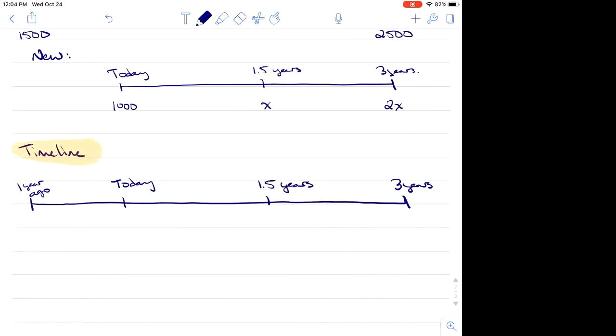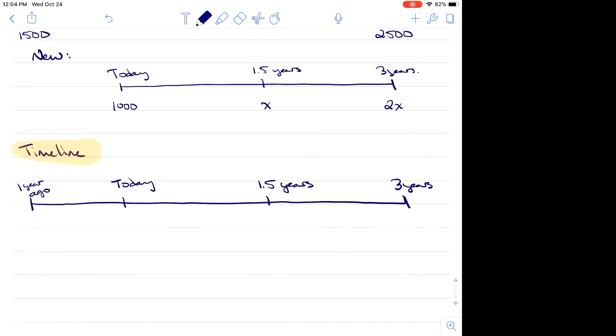So, okay. We need to know what X is, right? So it doesn't matter what we use as the focal date. The focal date, remember, is where we're going to draw all our payments to, right? And so we know that we're going to have X at 1.5 years. So let's use 1.5 years as the focal date.